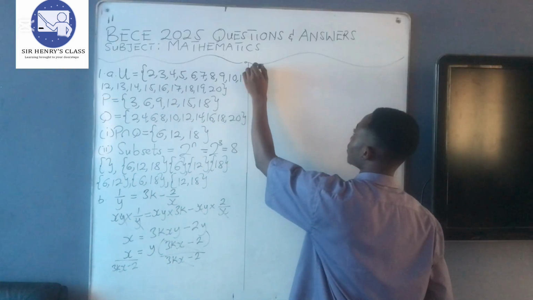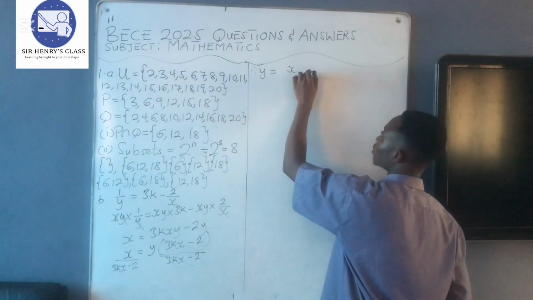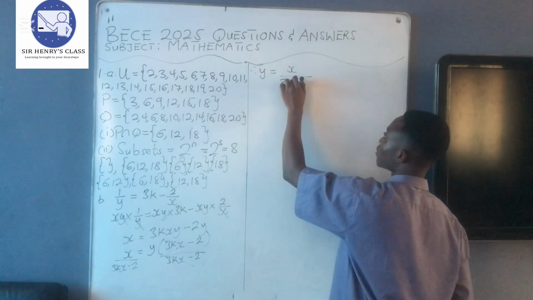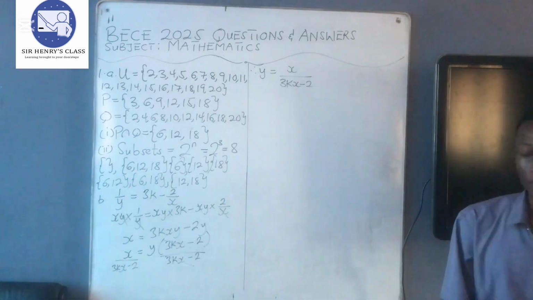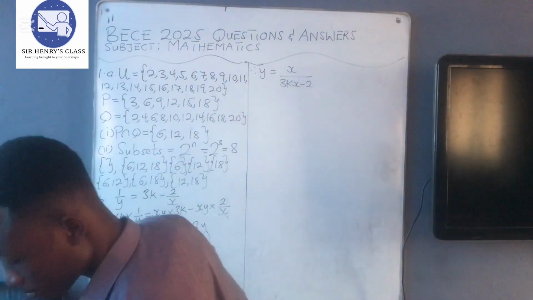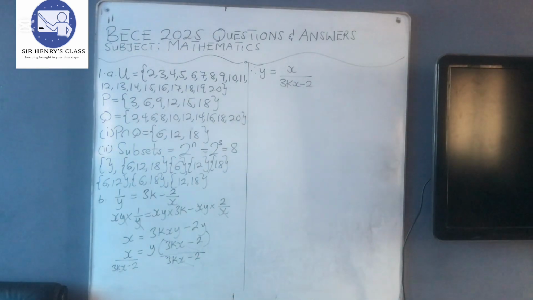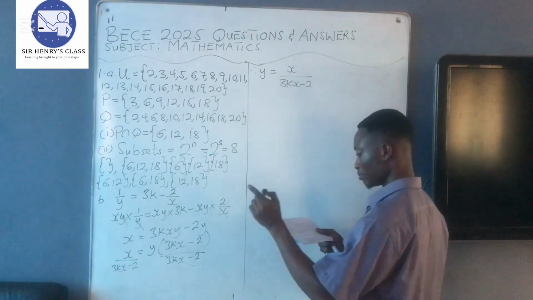Therefore, the value of y is given by x all over 3kx minus 2. Now this is part (i).